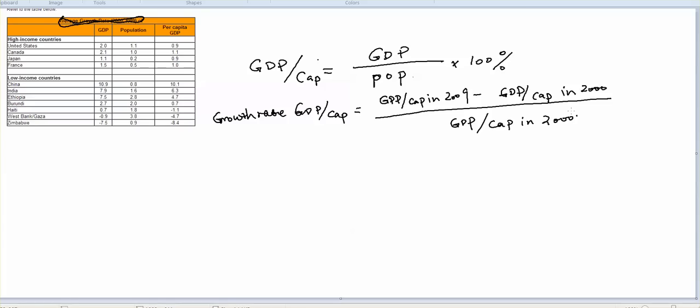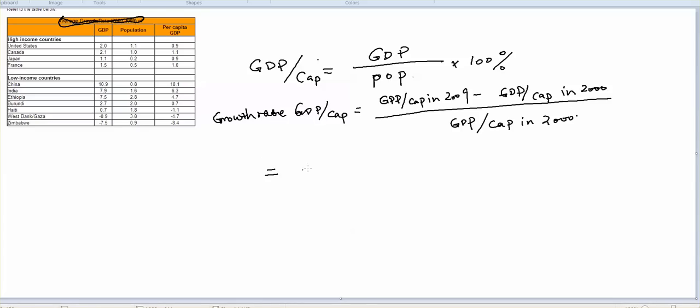So this is the formula we should use to calculate the growth rate of GDP per capita. But we can do a little bit of transformation, and we can easily figure out the relationship between the growth rate of GDP per capita and the growth rate of GDP, growth rate of population.